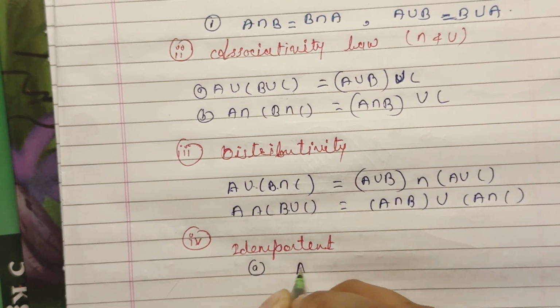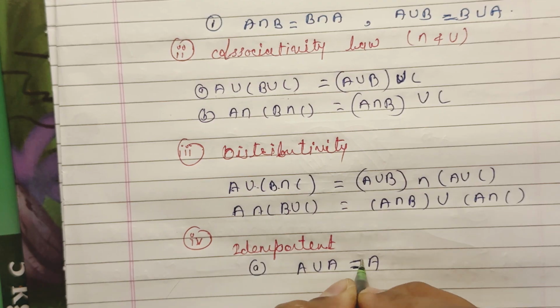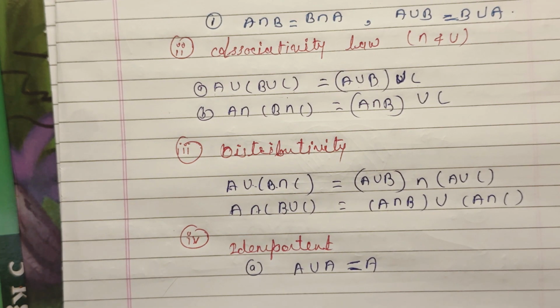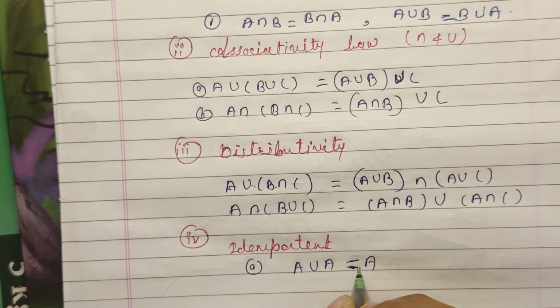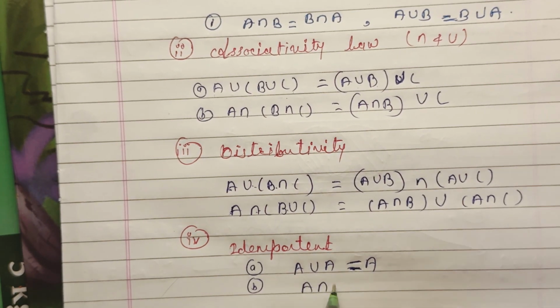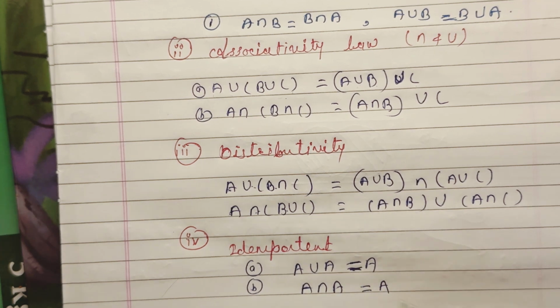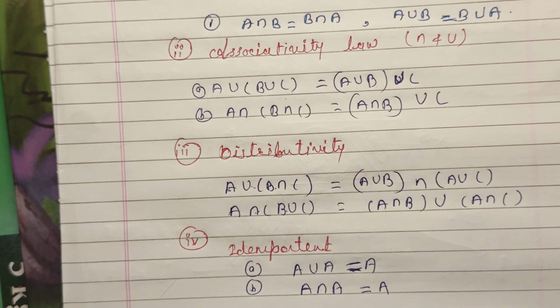So A union A is A. And similarly A intersection A is only the set A. If these properties hold, then we say the idempotent law holds here.